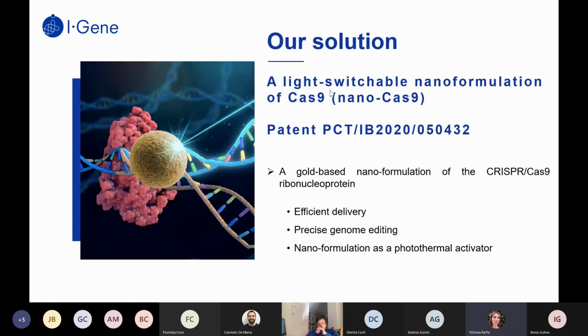This is a nanoformulation based on gold nanoparticles, which can be activated by light. So why nanoparticles? On one side, we can use the nanoparticles to target the medication, to cross the cell membrane, to cross the nuclear membrane, and to reach the nuclei. On the other side, we can activate these particles with the light, and so we can make the treatment switchable.